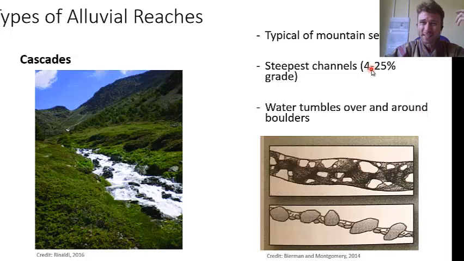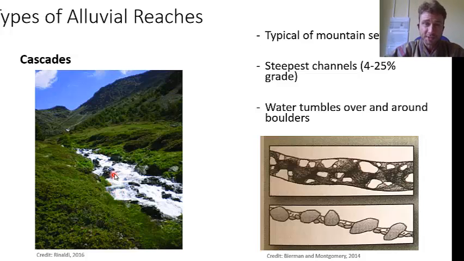Often you're going to find them in the steepest channels with grades between 4 and 25%. And what's characteristic is that water in these situations tumbles around, over and around boulders, large clasts that are entrained within the bed of the river. So again, bed load is dominant in an alluvial system.